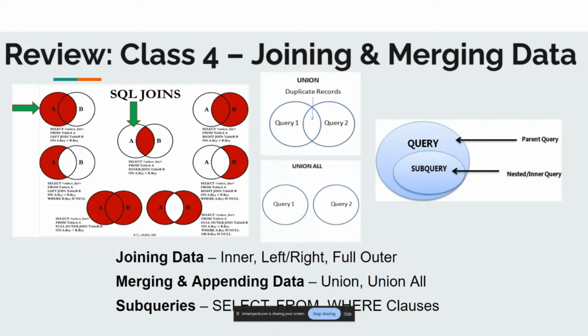You could have 10 different data sets, but in essence, they're all a bunch of A and B join diagrams. Right, so you have the union, where you overlap the duplicate records, and the union all, where you keep both the results, whether they have duplicates or not.